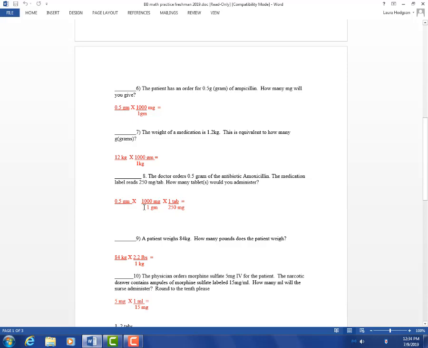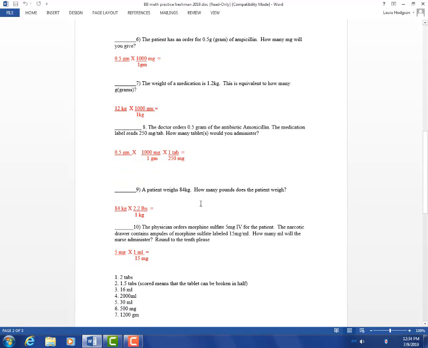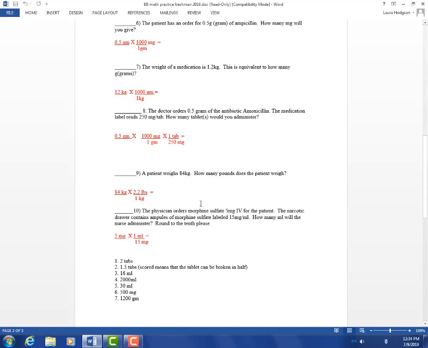If grams are here, they must go there. 1 gram is 1,000 milligrams. Milligrams are here, they have to absolutely go here. When you cross off all your like units, you're left with tablets. Again, straight across multiply, divide at the end, and you'll have your answer.